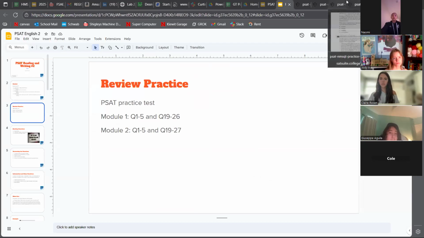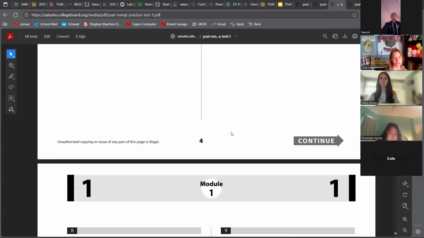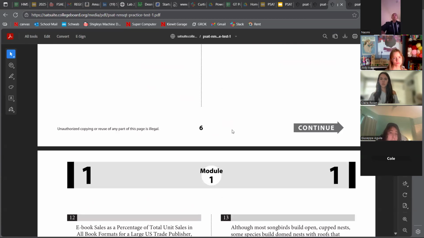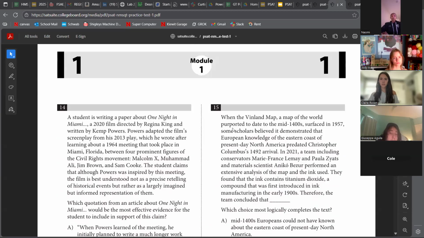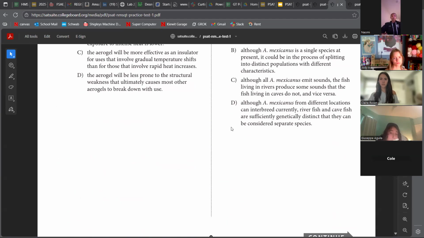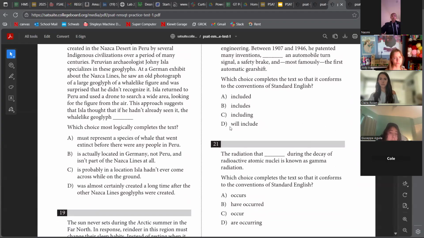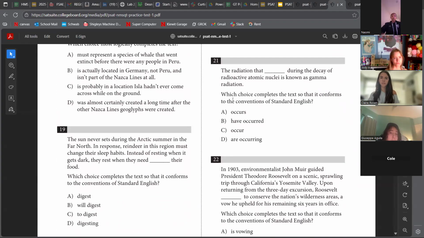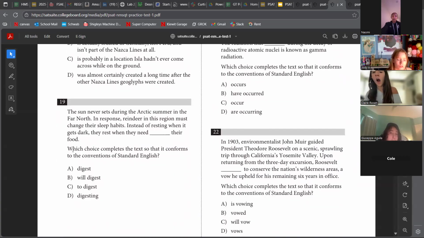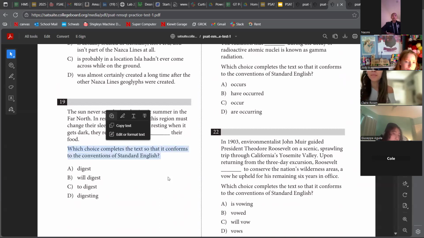Yeah, 19 through 26. Okay, so those were the word choice ones. Now here's more the grammar ones. And we can see how they're worded. They always say the same thing. Which choice best completes the text so that it conforms to the conventions of standard English.